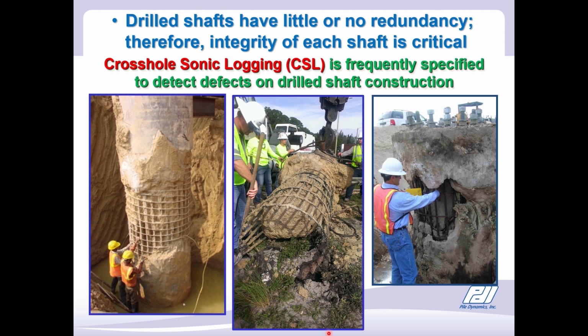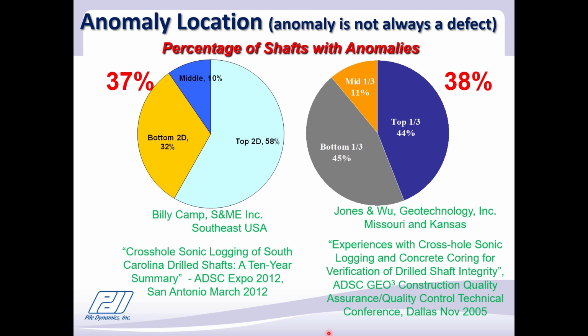Sonic logging in the United States is very frequently specified to detect defects on drilled shaft construction. In this particular case, there's a study that shows two studies, one in southeast United States and one in the middle of the United States.